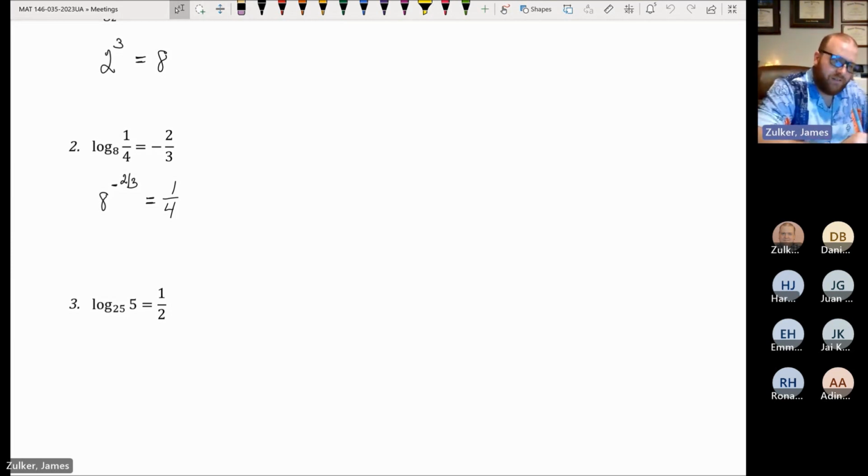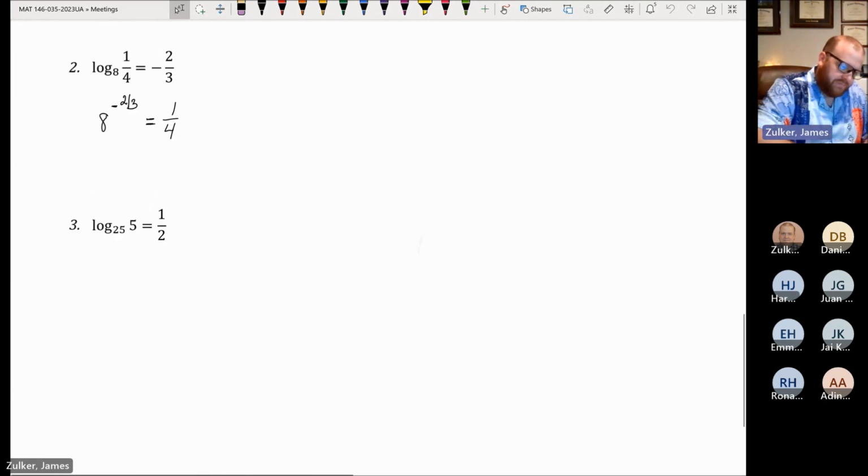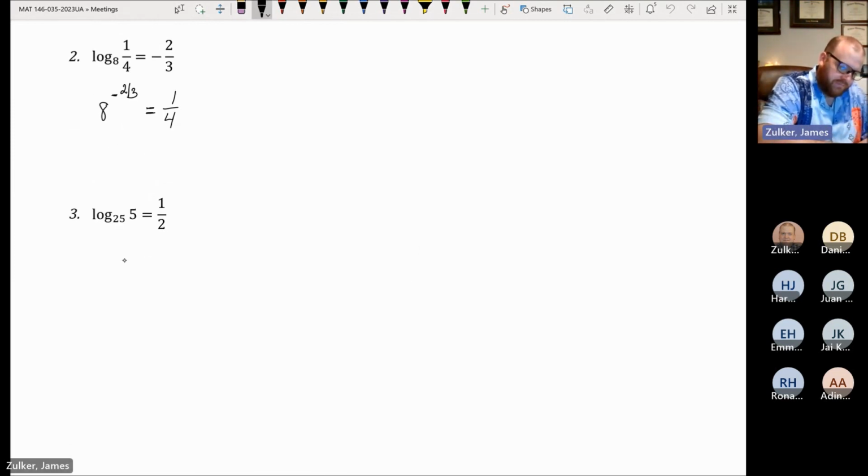What's our exponent going to be? One half. And of course, that's then going to equal 5.